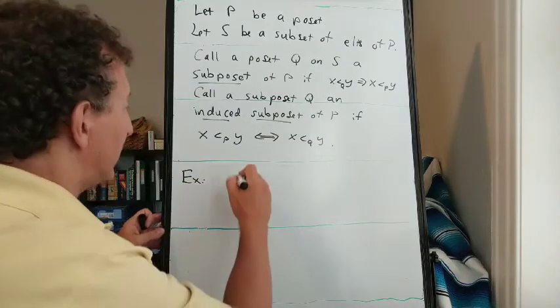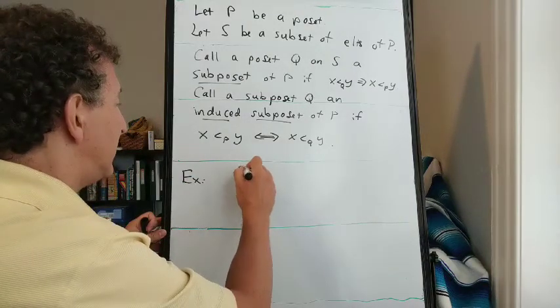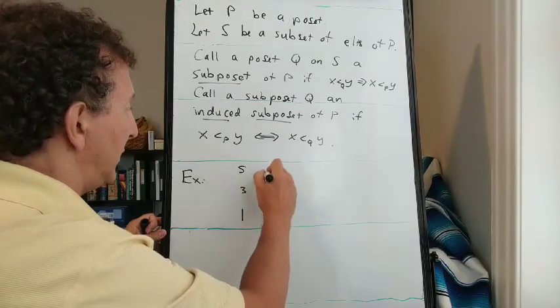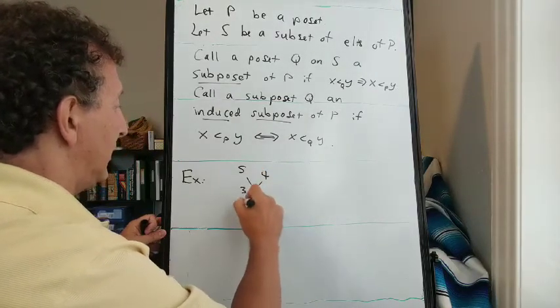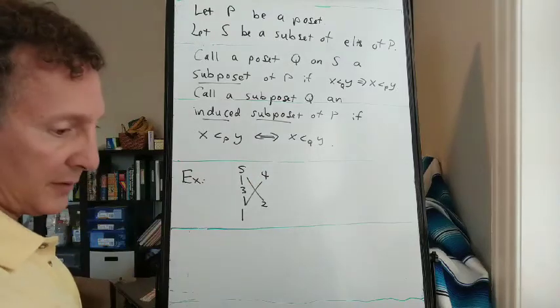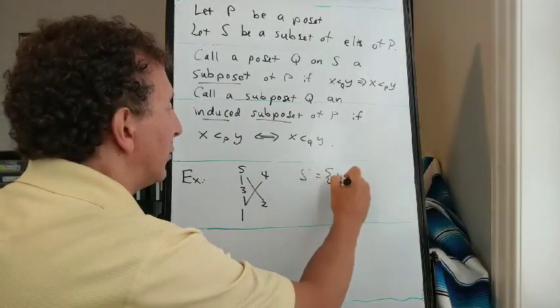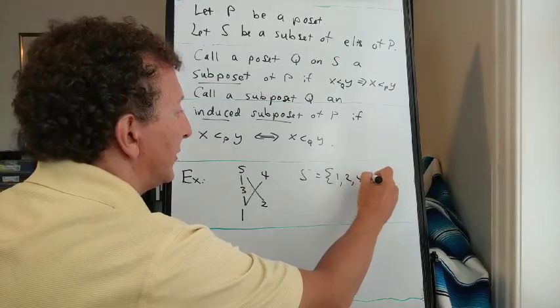So for example, let's look at this poset on 5 elements, and let S be the set 1, 2, 4, 5.